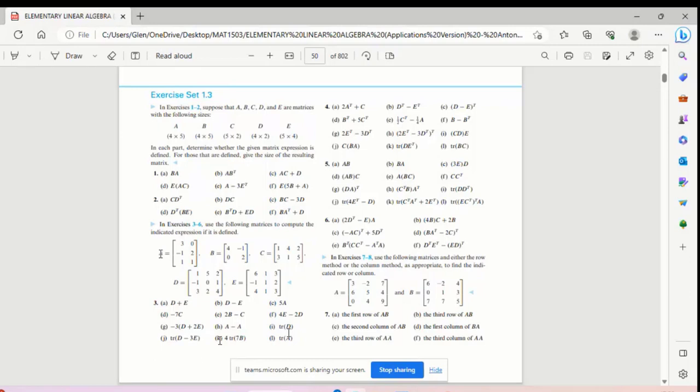Lerato, 5. Lerato, 5, my brother. Let me see. Lerato, you are dealing with number I. You say you got 5. Yes, 5.